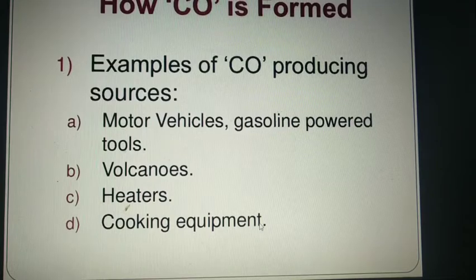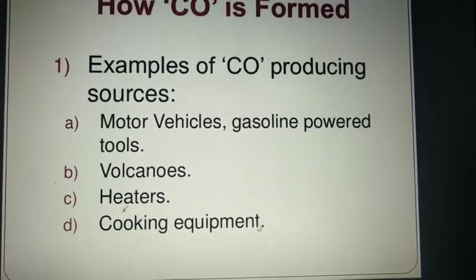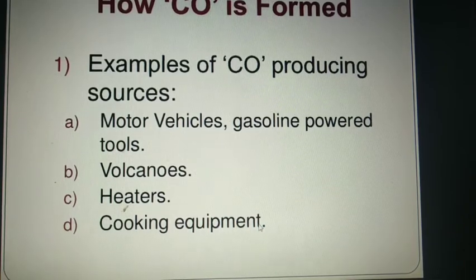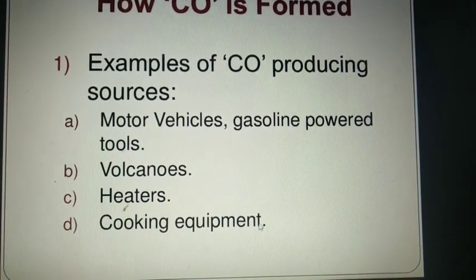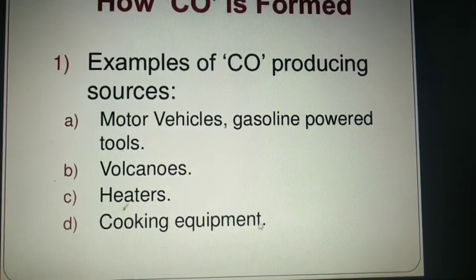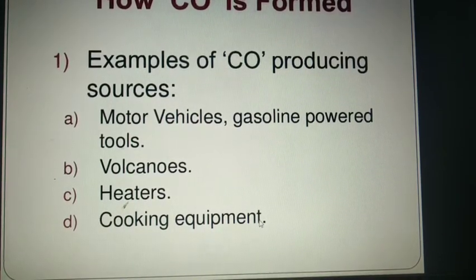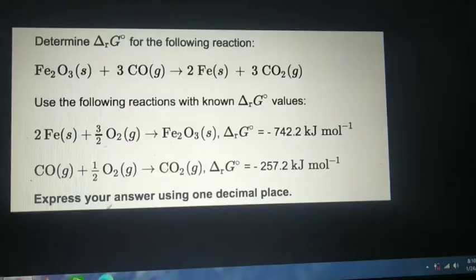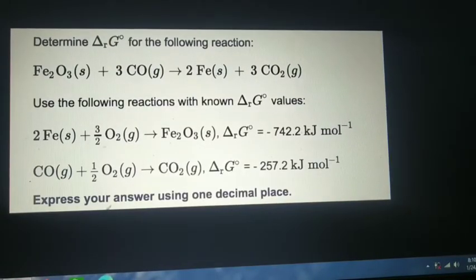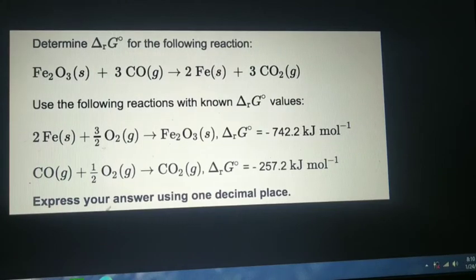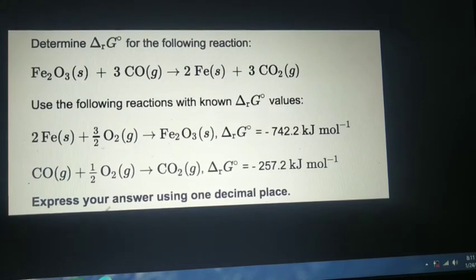Now some of the examples of how carbon monoxide is produced. First, motor vehicles, gasoline powered tools, volcanoes, heaters, cooking equipments. From these carbon monoxide is produced.